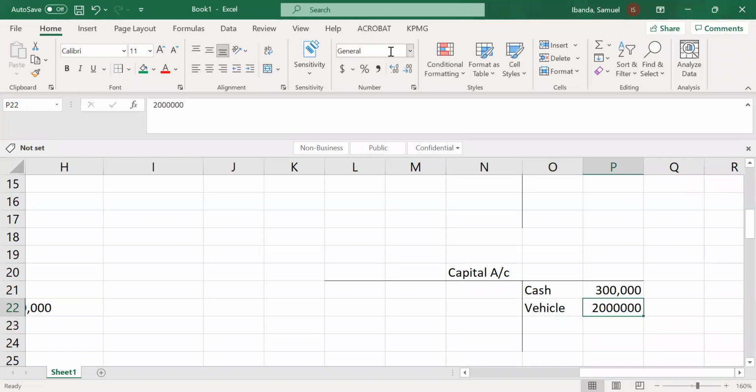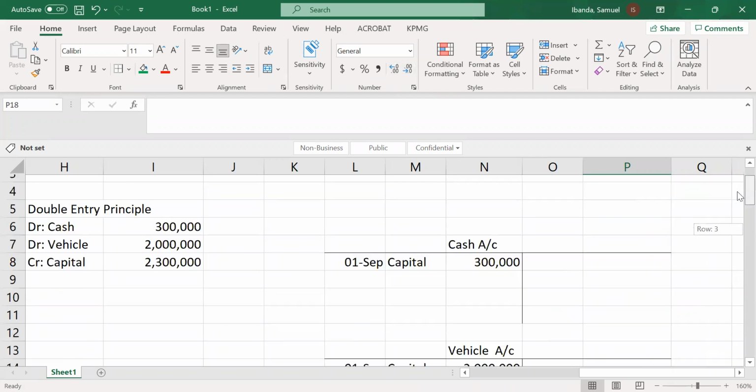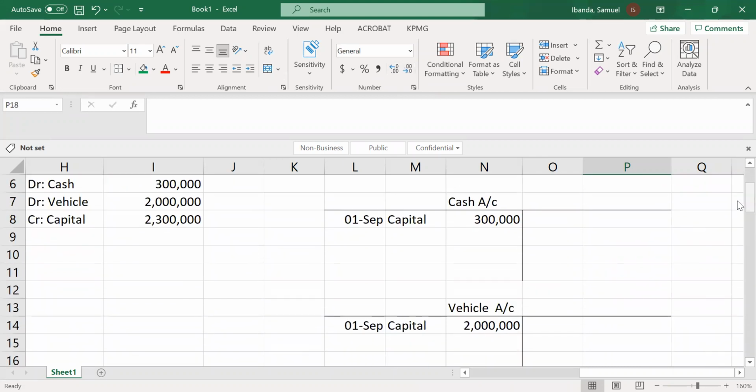So like that. That is how my transactions will actually be in my ledgers.